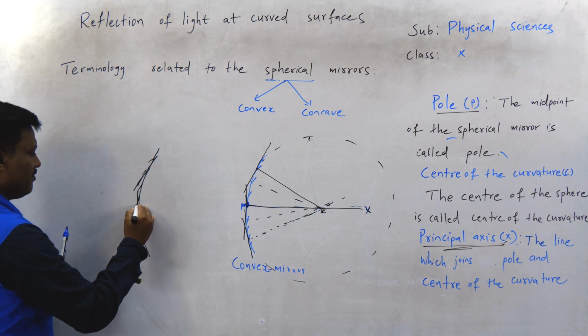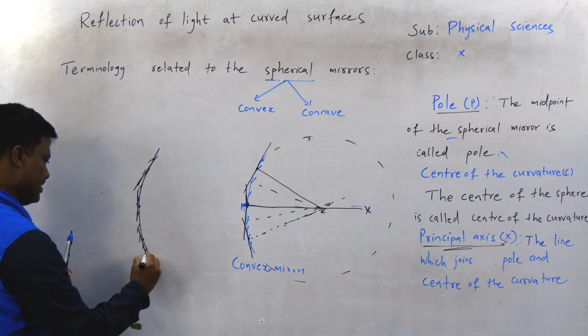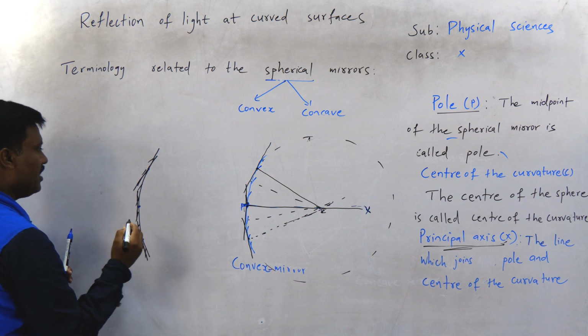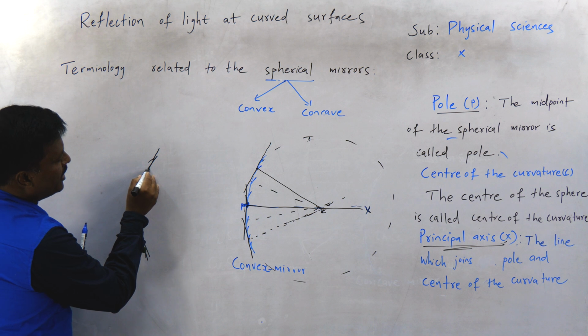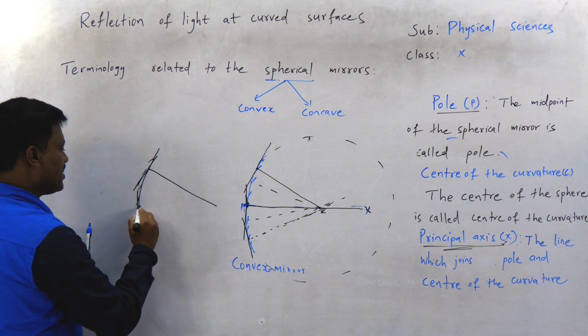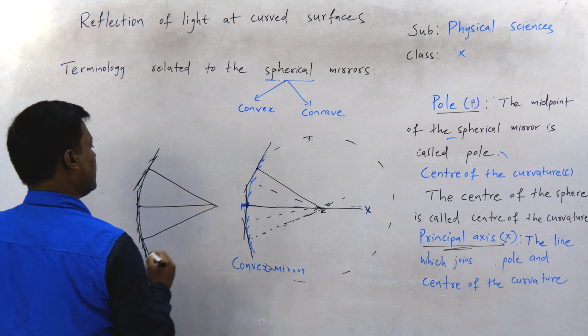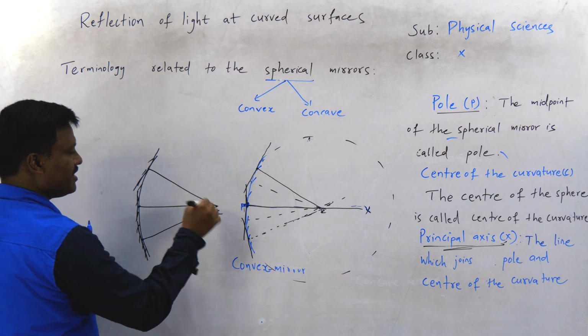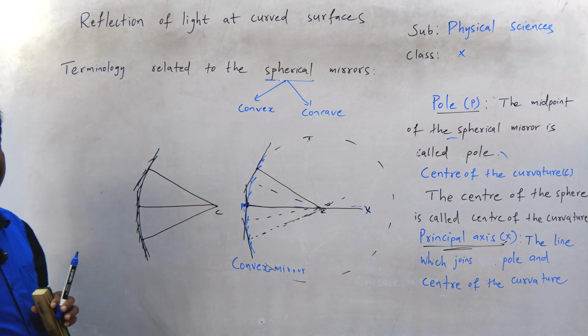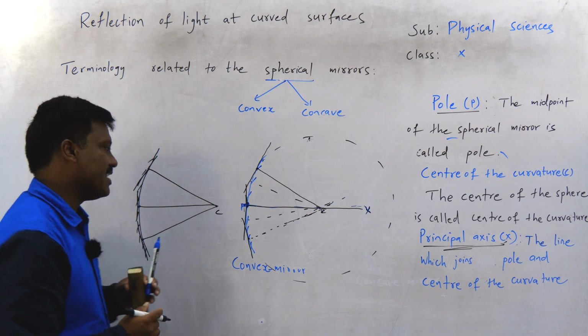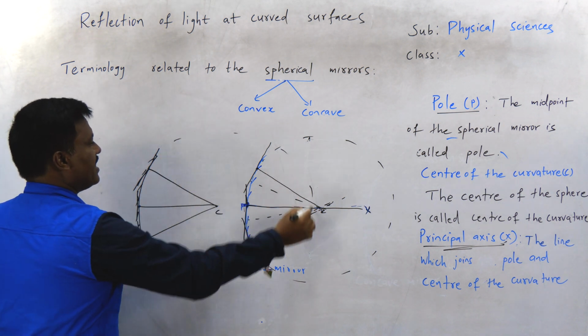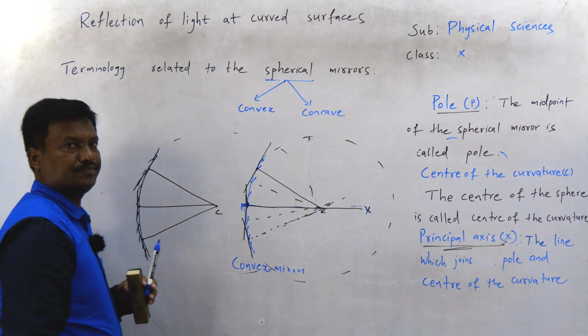Here also I have drawn one tangent, here also I draw one tangent. To this tangent I draw a perpendicular line, to this tangent I draw a perpendicular line, to this tangent I draw a perpendicular line. All these meet at one point. This is called the center of the curvature. I hope you understand. The center of the curvature is the center of the sphere.